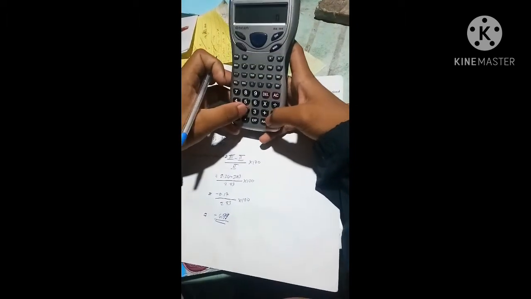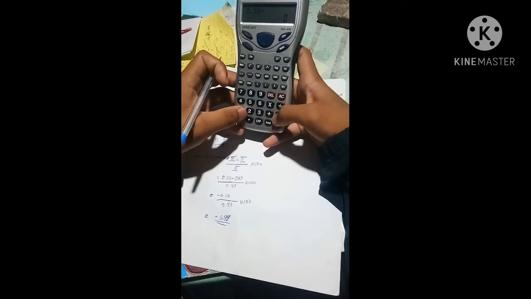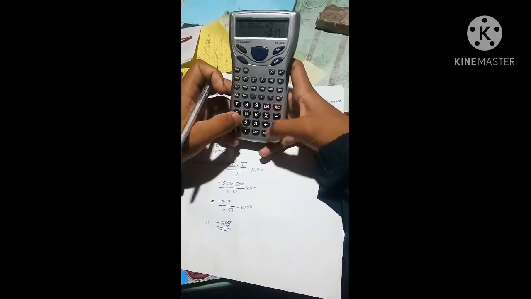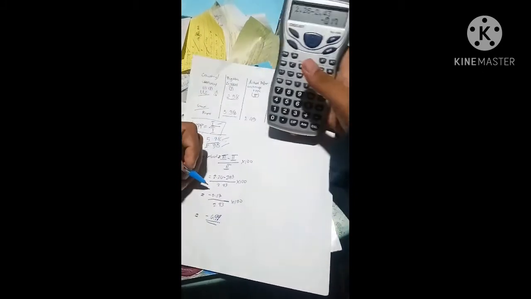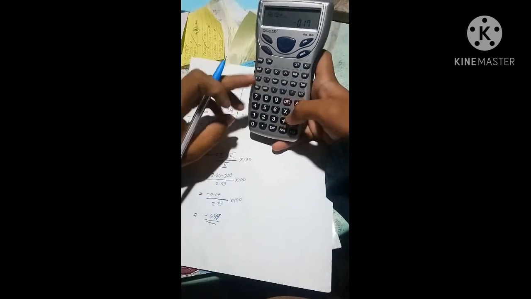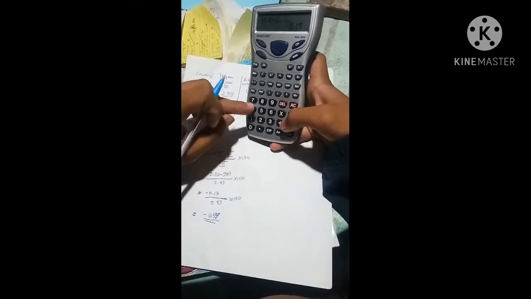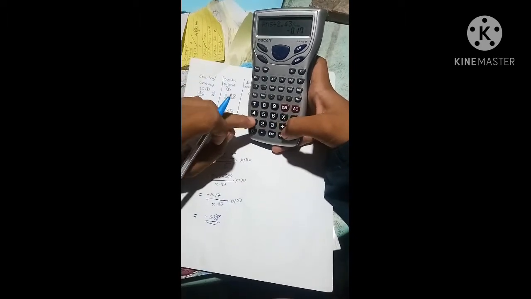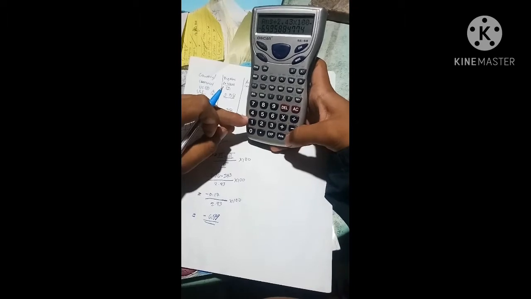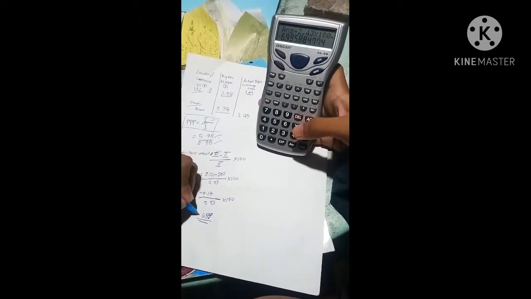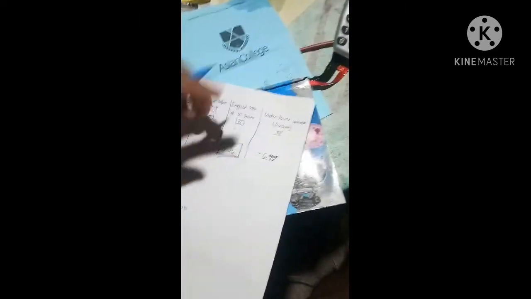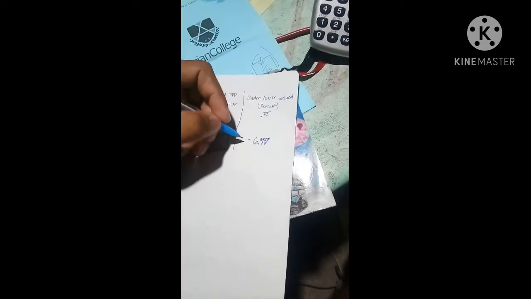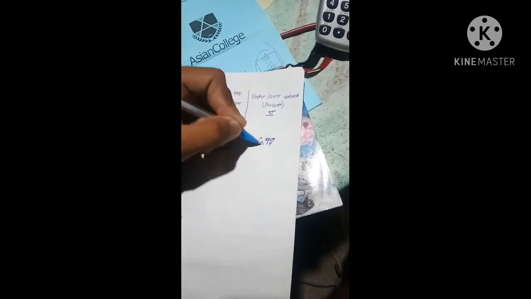Sorry, that's my mistake. 2.26 minus 2.43 equals negative 0.17, divided by 2.43, times 100, equals negative 6.99. So the percent of the Saudi Riyal is that it is undervalued by 6.99.